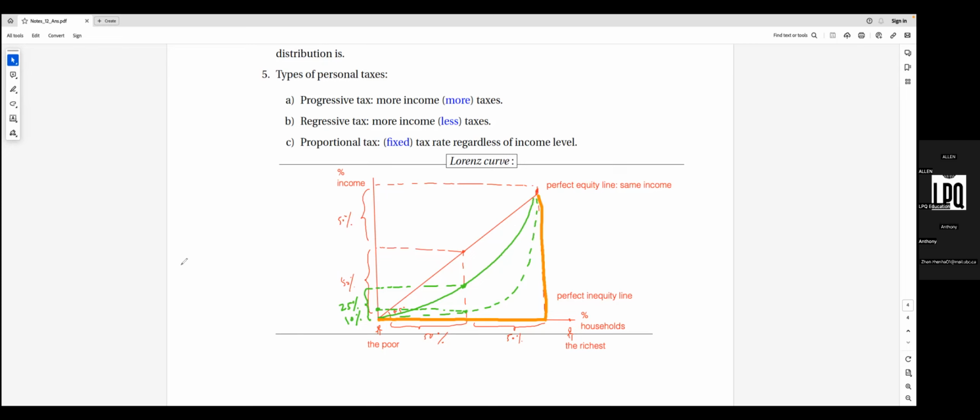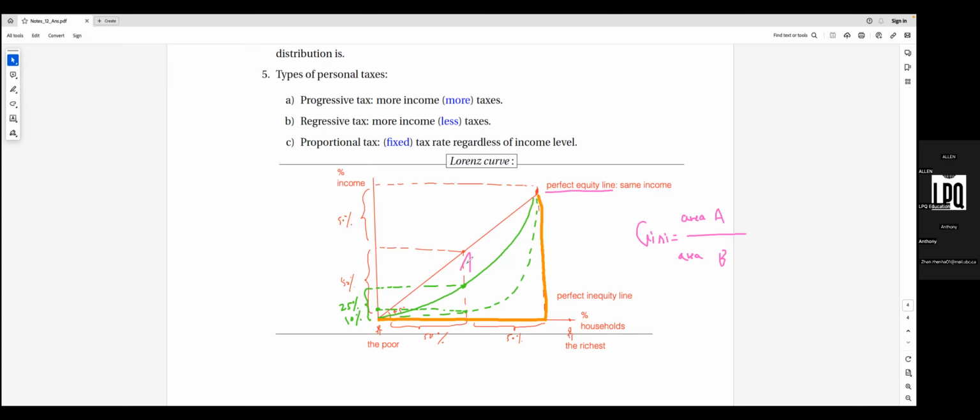Based on the Lorentz curve, we can calculate something called the Gini coefficient. The Gini coefficient is a ratio, where both the numerator and the denominator are areas: area A and area B. Area A is the area between the perfect equity line and your current Lorentz curve.